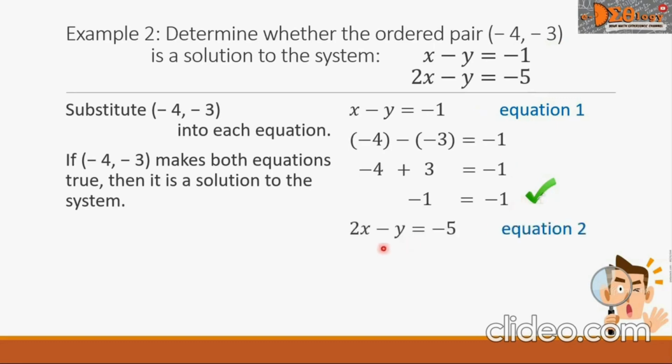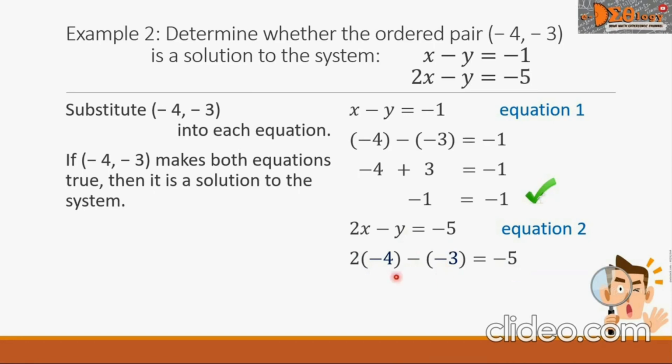The 2x minus y equals negative 5. Let us substitute the ordered pair (-4, -3) respectively. So we have now 2 times the x, which is now negative 4, then minus the y, which is now negative 3. And this must be equal to negative 5.